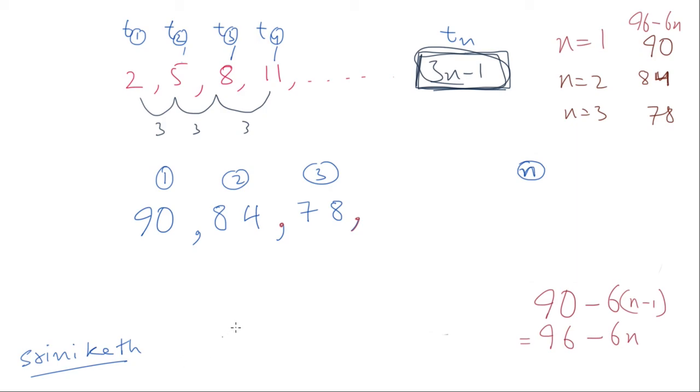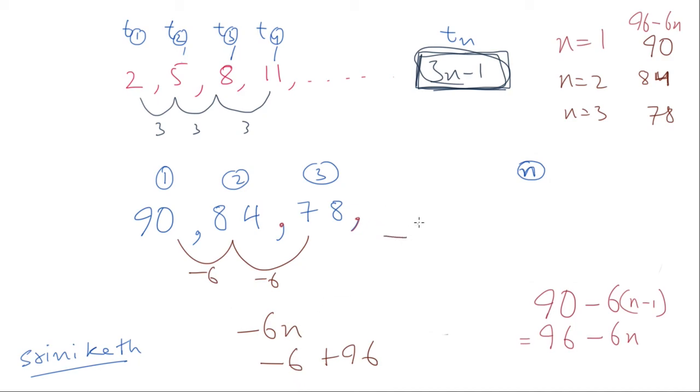Okay, the point is the jump is how much? Minus 6, right? So blindly you will write minus 6n. And then you will check, is the minus 6n satisfying 90? Obviously not. If I put n is equal to 1, I'll get a minus 6, right? But to get a 90, I should have a plus 96 to it, right?